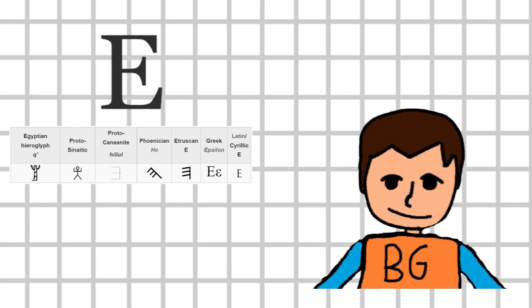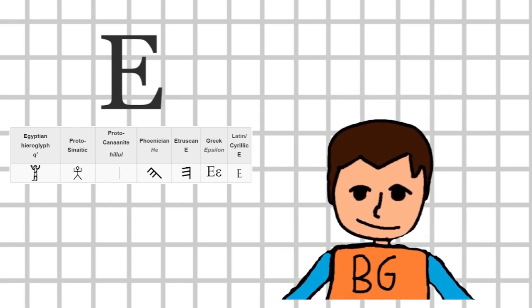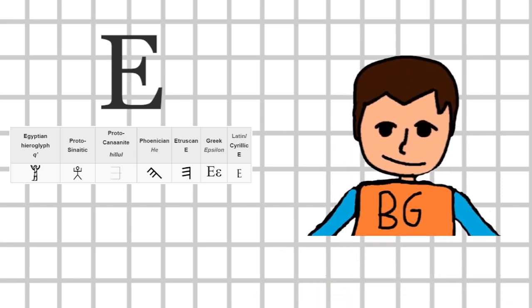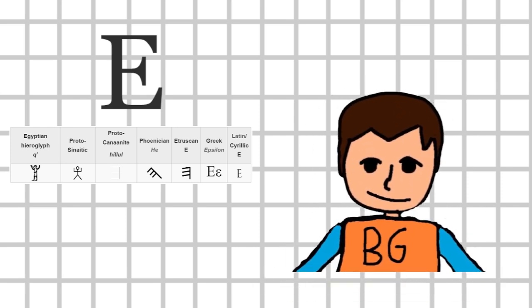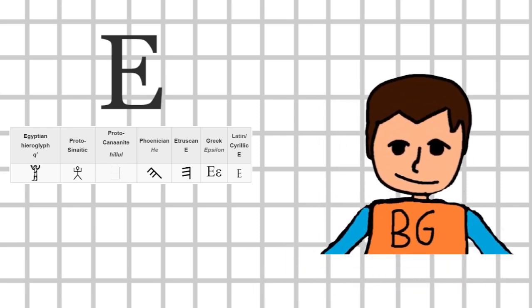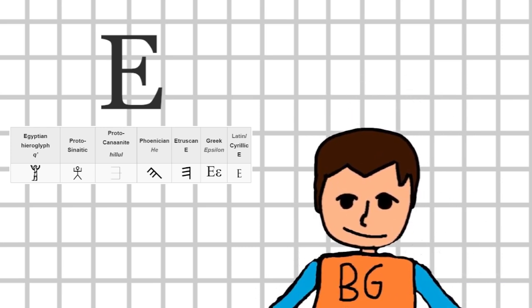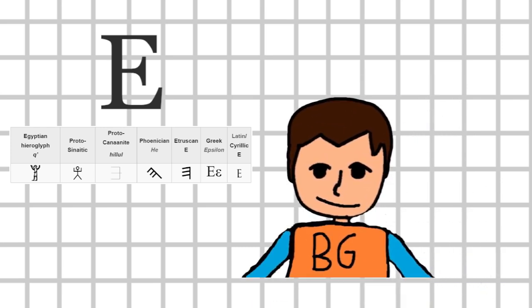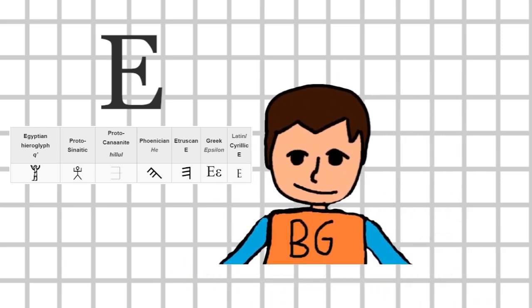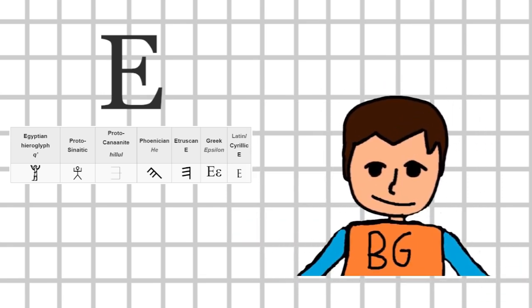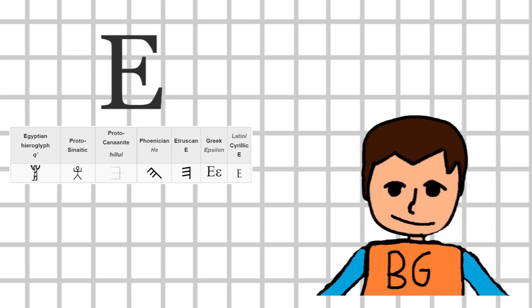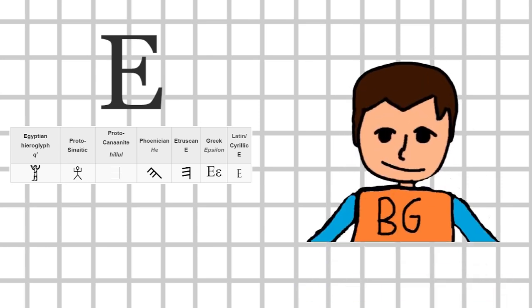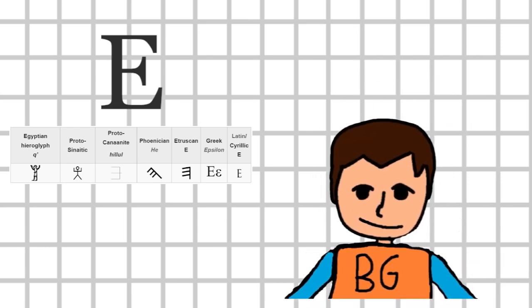Then in Proto-Canaanite, we can see it being used as a bit similar to our modern E, except that it's flipped. And then we get the Phoenician He, from which the Etruscan E arrived, but that doesn't matter because we care about the E, the epsilon in Greek, which obviously made it to the Latin and Cyrillic scripts later on.